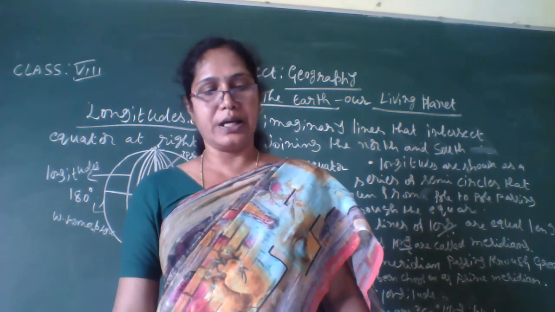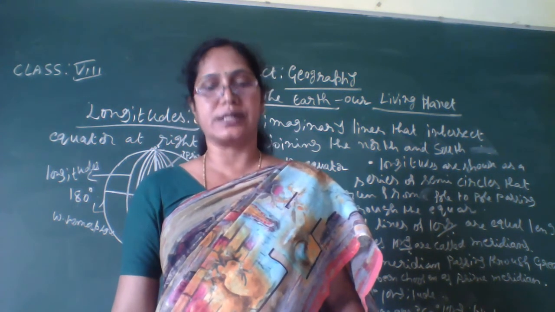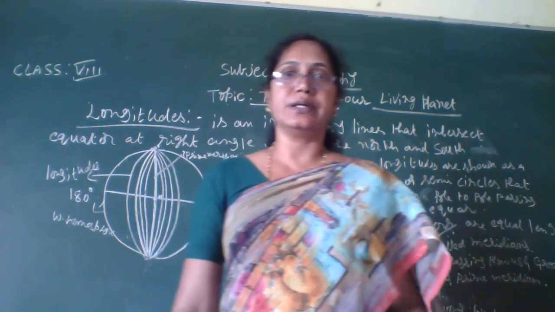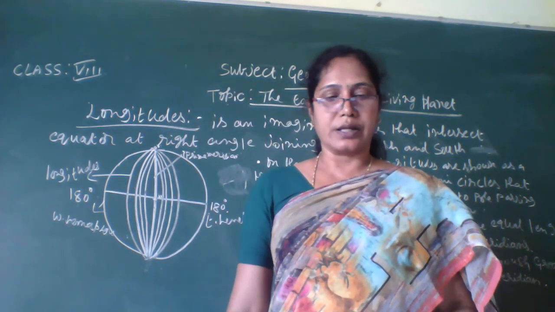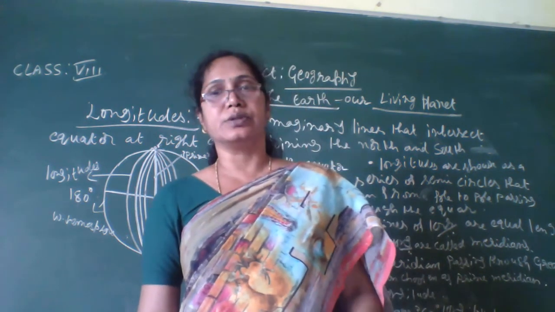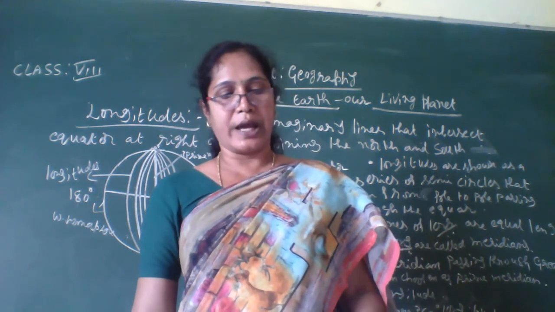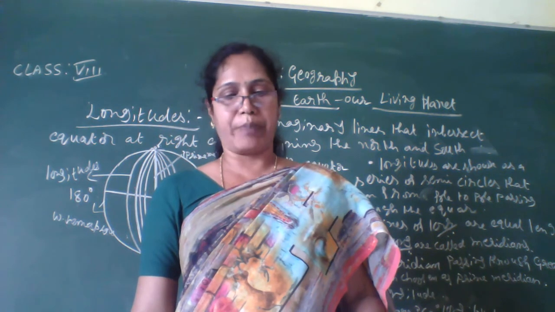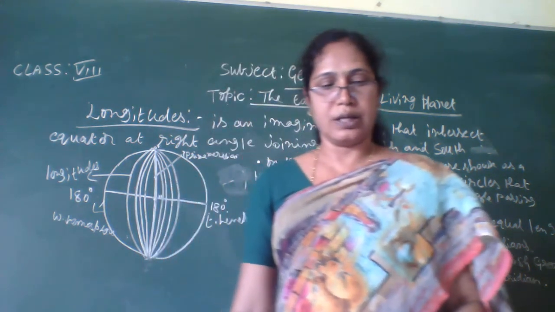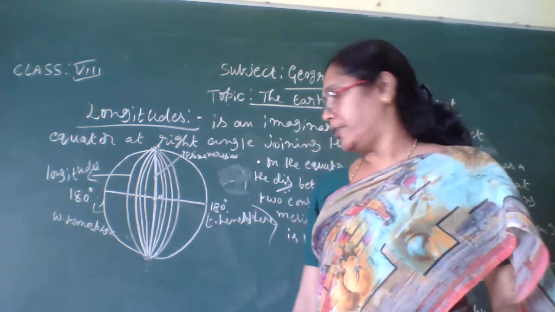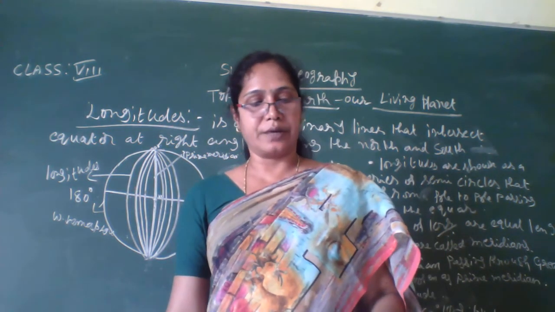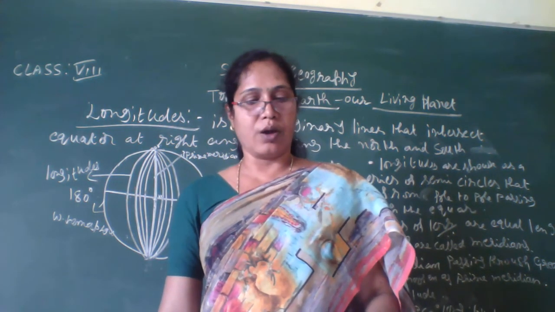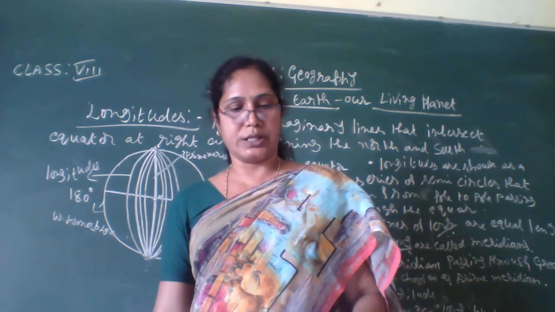The length of the lines of latitude decreases with the distance from the equator. All lines of latitude are circles and parallel to the equator. Therefore, lines of latitude are called parallels of latitude. There are 90 degree latitudes on each side of the equator. 90 degree north and south are points.